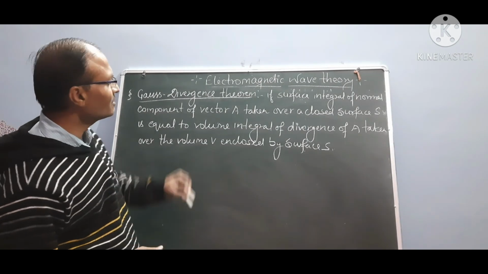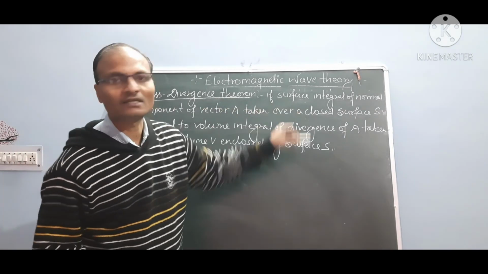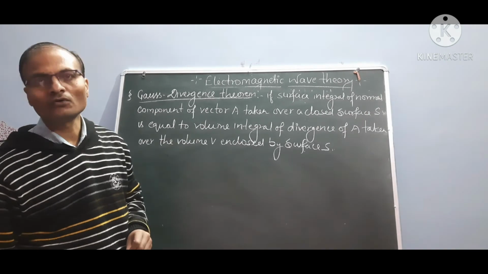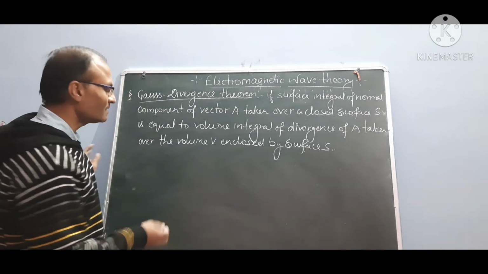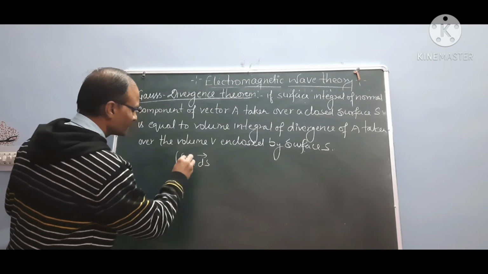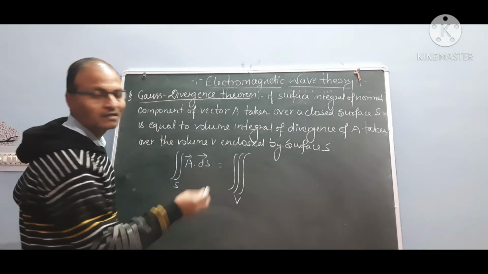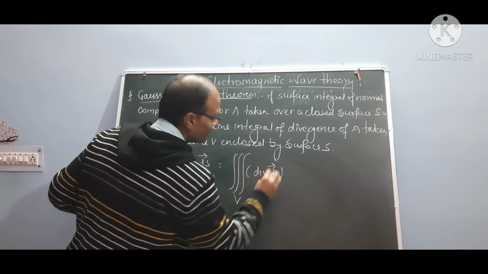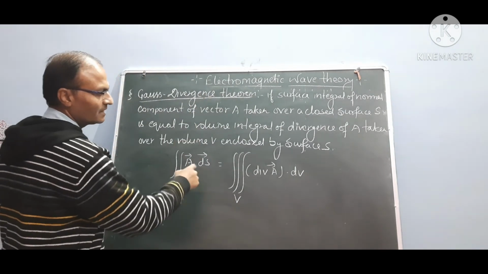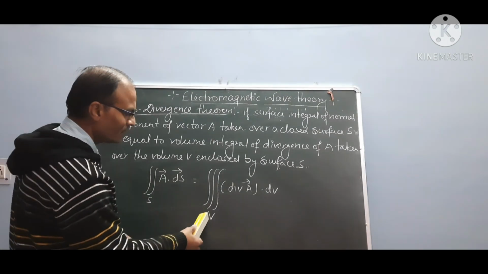Now, the Gauss divergence theorem: the surface integral of the normal component of a vector A taken over a closed surface S is equal to the volume integral of the divergence of A taken over the volume V enclosed by surface S. Explained with expression: closed surface integral of A vector dot ds, this is surface area, equals the volume integral over V of divergence A into dV.